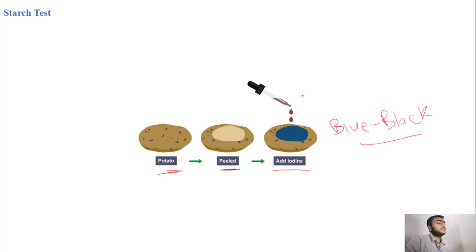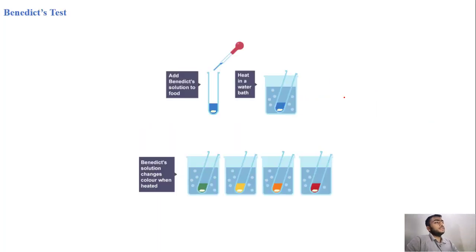This is iodine solution, and instantly as you put the few drops of iodine solution, you must observe a blue black color in case the food molecule contains starch. Then the Benedict's test, it comprises of Benedict reagent, which is copper sulfate, and then you add a small food particle to a test tube.